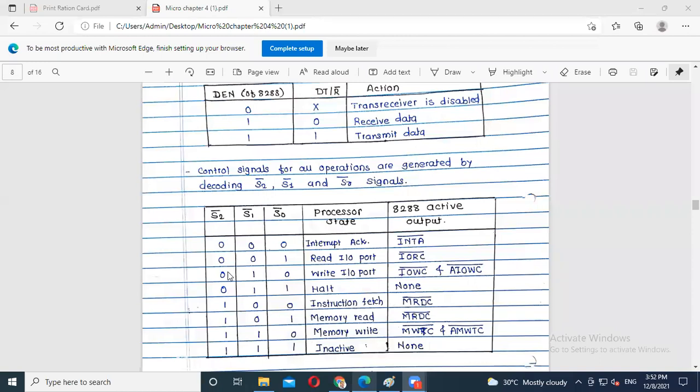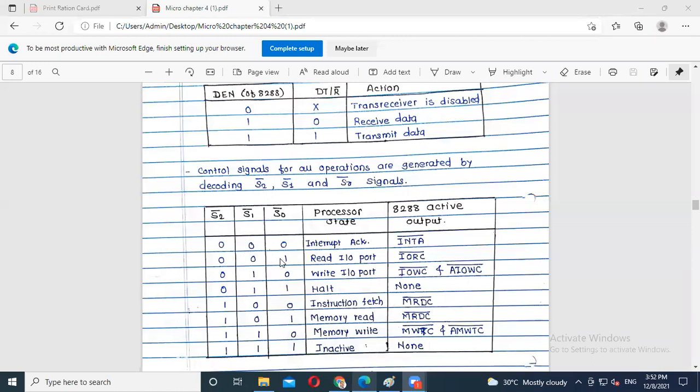These are the processor state inputs of the 8288 bus controller chip. For INTA, if all of these are 0, then interrupt acknowledgement occurs.